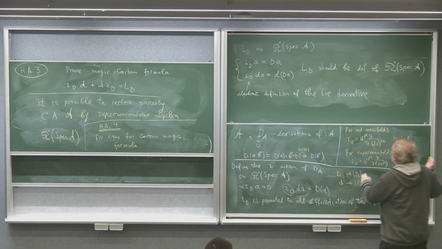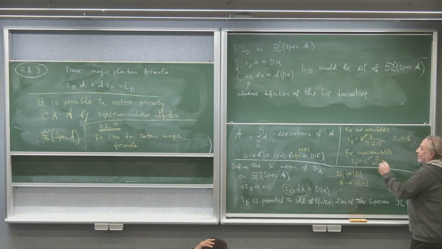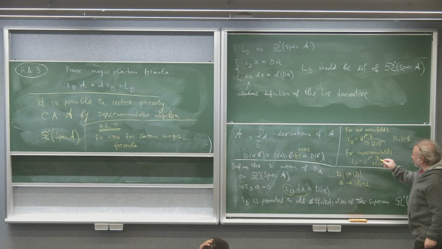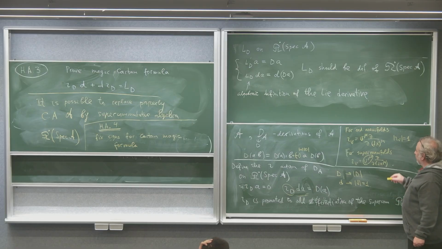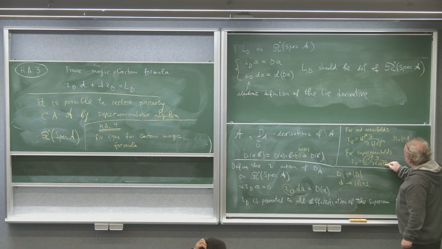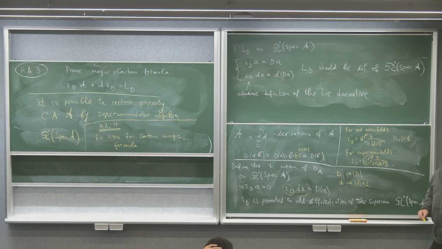However, let us see how the parity of this thing goes. It comes from this v^mu, it comes from this x^mu, and it comes from this d. You have to combine parity from all three sources.